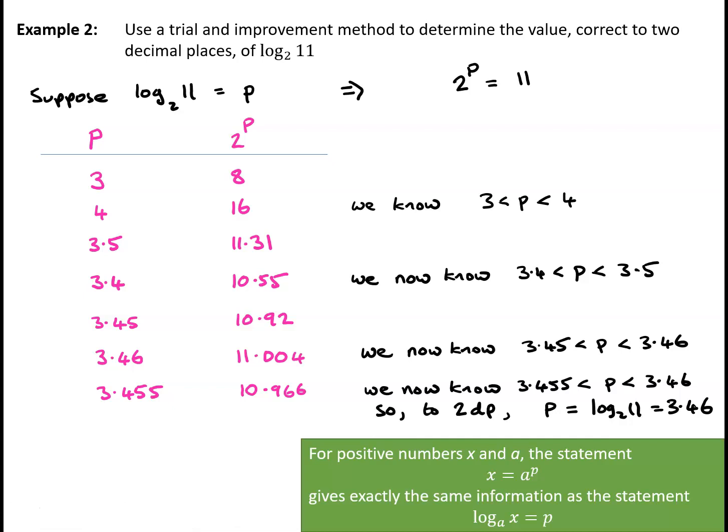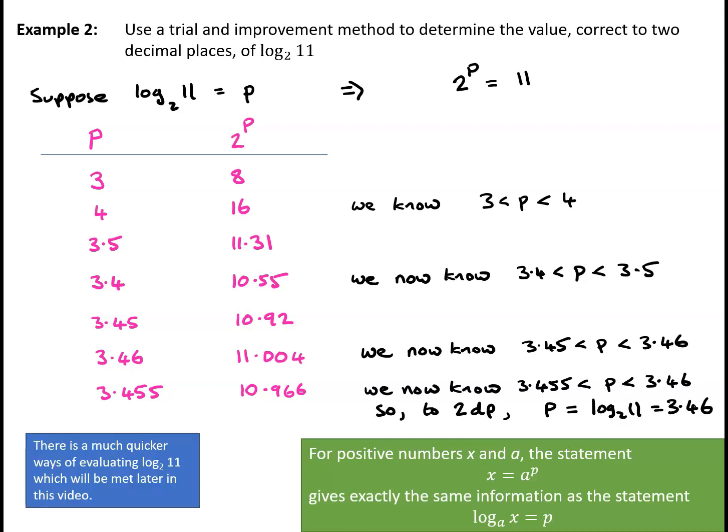Now any such number that lies between 3.455 and 3.46 rounds to 2 decimal places to 3.46. So to 2 decimal places, I know that p, or the logarithm to base 2 of 11, must be 3.46. Now we will find later in this video a much quicker means of calculating the value of log to base 2 of 11.